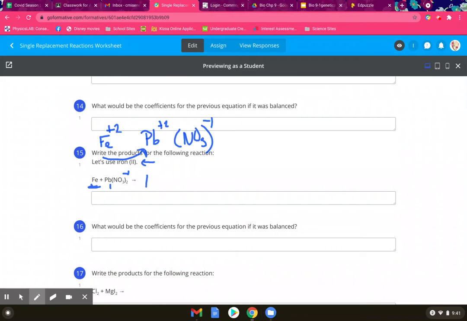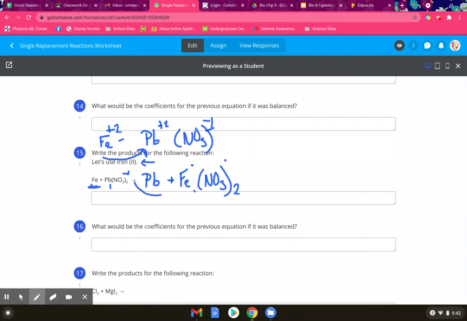So that means Pb is out by itself, and then iron goes with the NO3. The iron is a 2, so the 2 that would be here gets crossed down there. The NO3 is a 1, so that 1 would be crossed down to here. And so since it's a 1, we don't have to write anything.